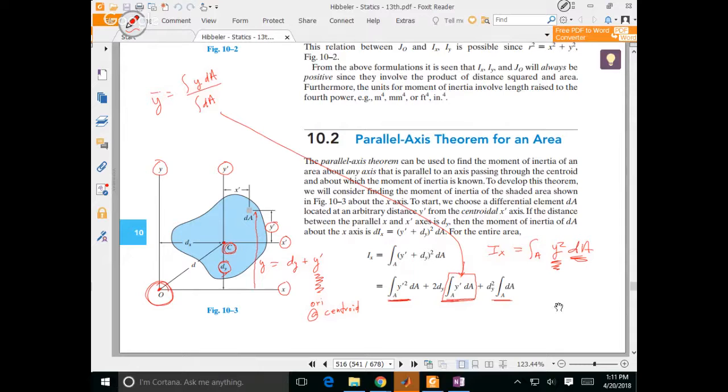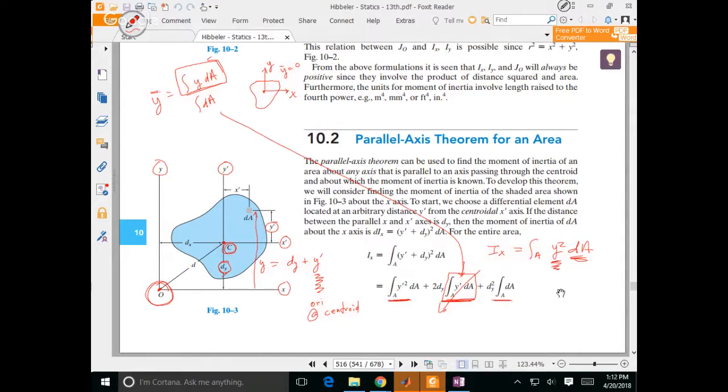Now, if you look at that term and you say to yourself, I'm putting my coordinate system on the centroid, in other words, have this blob, somebody puts a coordinate system at the centroid and asks you, what's the y bar? It's got to be 0 by definition. So by definition, that one goes to 0.